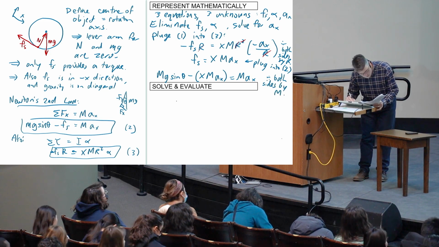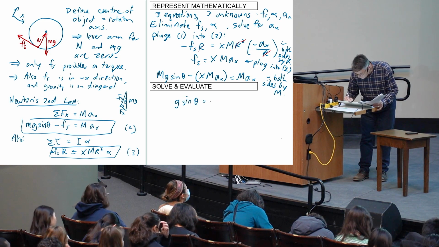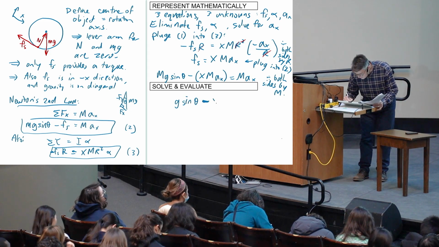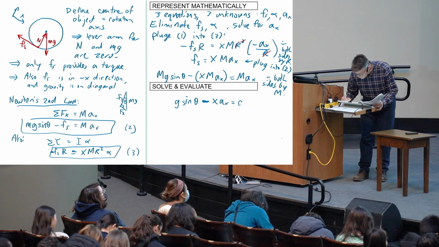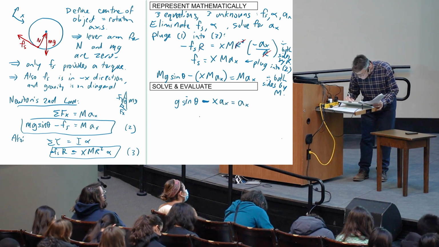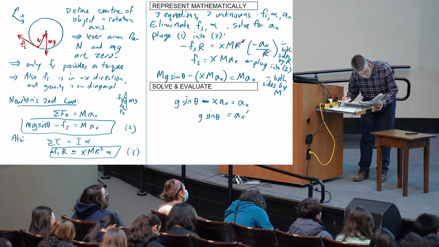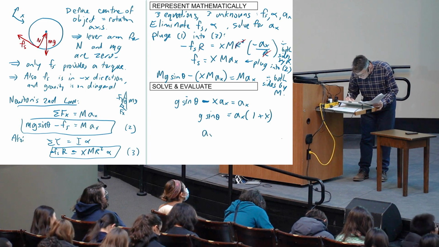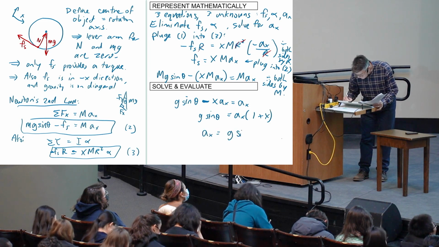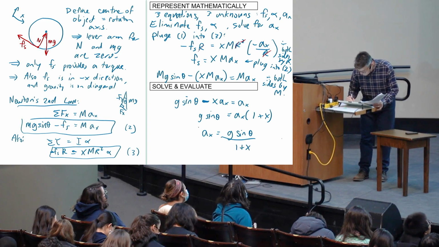But anyway, I think I get g sine theta minus x ax equals ax. So g sine theta is equal to a sub x times 1 plus x. So a sub x is equal to g sine theta divided by 1 plus x.